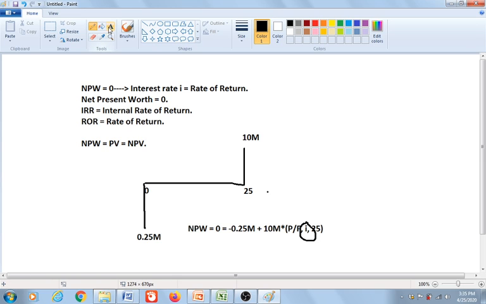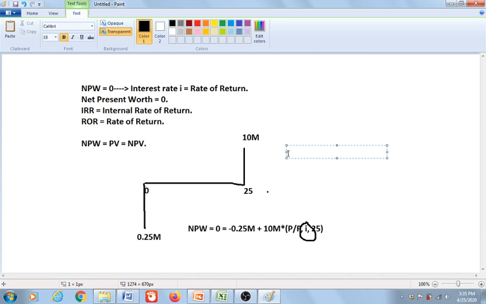It's easy to solve. We will have P over F, I, 25 equal 0.25 over 10, and that is equal to 0.025.